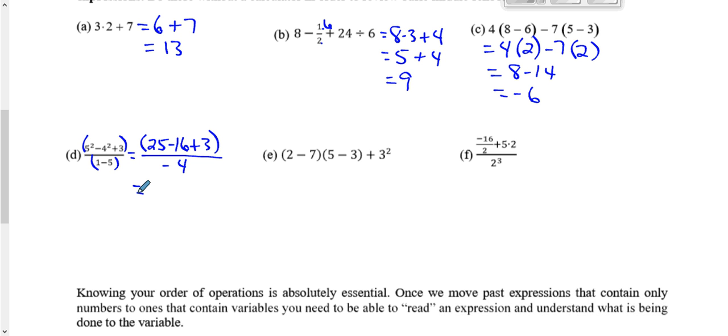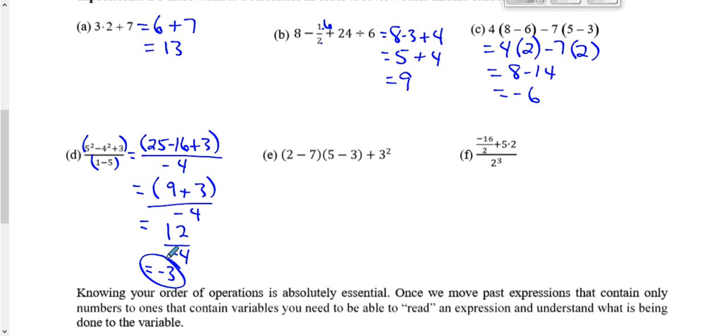What's 25 minus 16? 9 plus 3 all over negative 4, which then becomes what? 12 divided by negative 4. And what is 12 divided by negative 4? Negative 3. Okay?